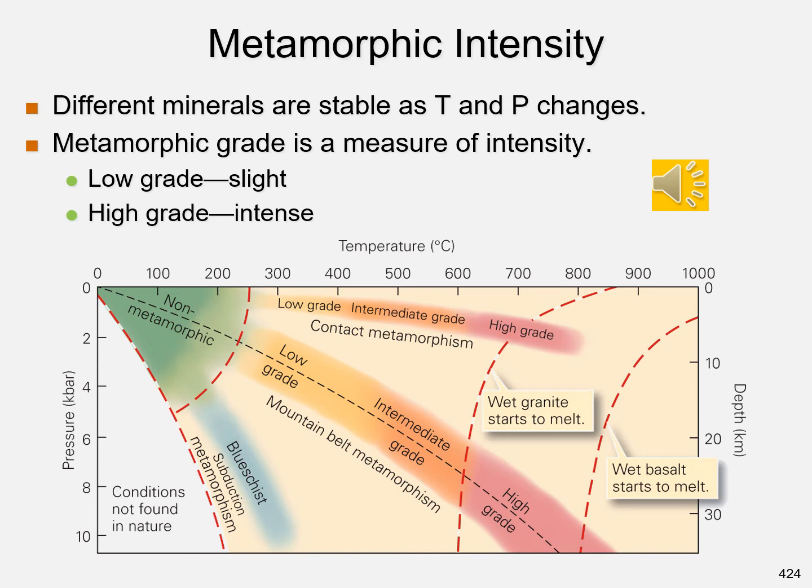Metamorphic rocks that form at relatively low temperatures, between 250 degrees centigrade and 400 degrees centigrade, are low-grade rocks, and metamorphic rocks that form at relatively high temperatures, over 600 degrees centigrade, are high-grade rocks. Intermediate grade rocks form at temperatures between these two extremes.